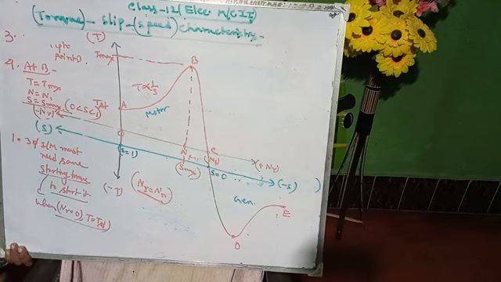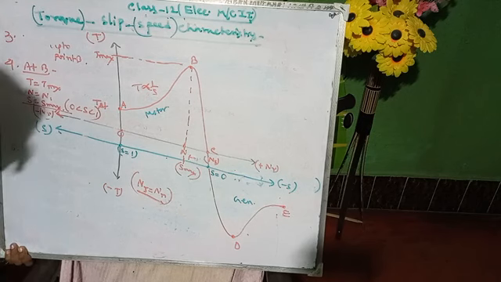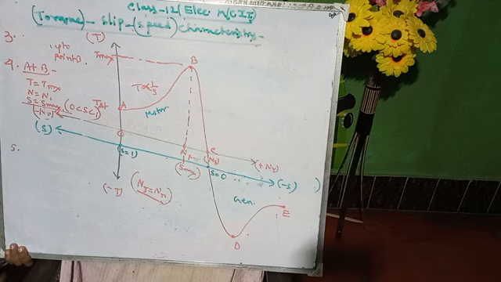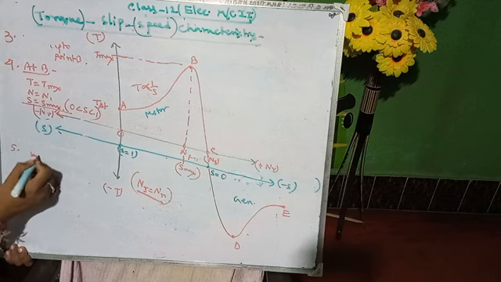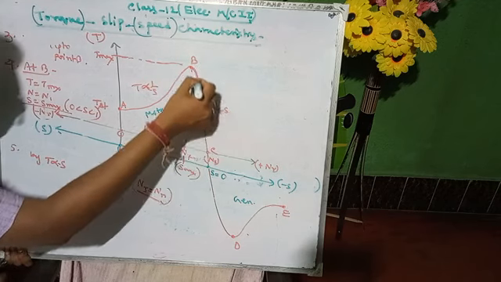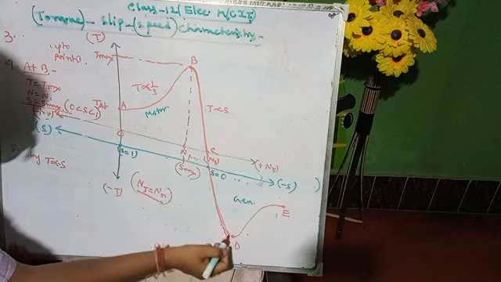Now move to the fifth point. Again, by increasing the speed, the torque will fall to 0, represented by point C, as T is proportional to minus S. So it is linear up to this much.